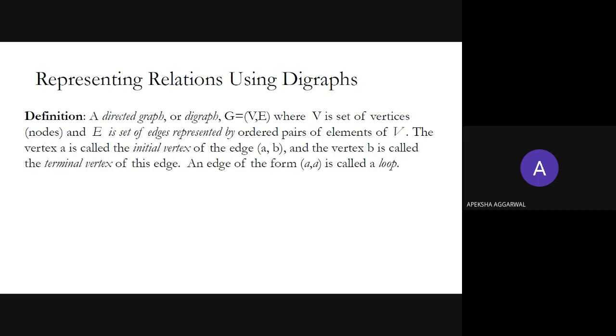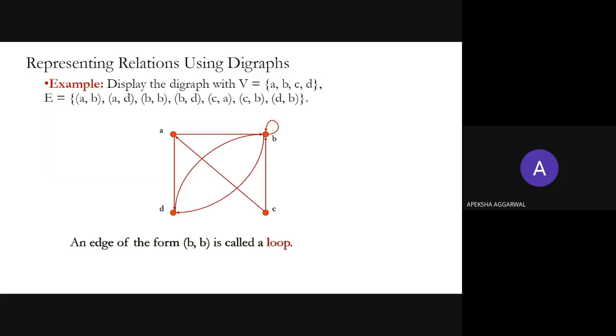If there is an edge from A to B, that means AB is present. And if BA is also present, you make another edge from B to A, so two edges, one going from A to B, another from B to A. Simple.